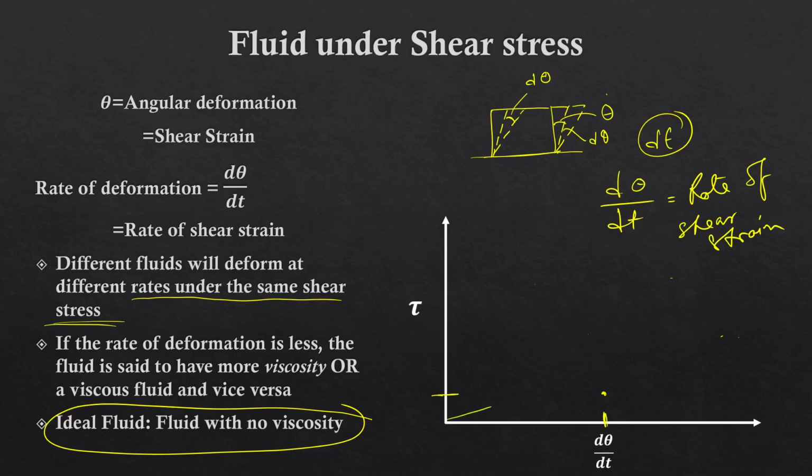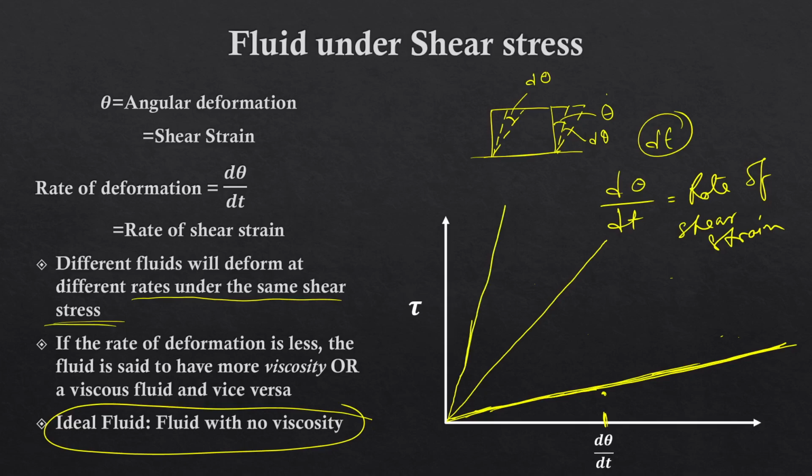Therefore, this kind of a graph may be used to show the relationship between the shear stress and rate of shear strain or rate of angular deformation. If the fluid has a high viscosity, in that case, the slope will be steeper, and for very highly viscous fluids, it will be even steeper. For an ideal fluid, the relation between shear stress and rate of shear strain will be this horizontal line parallel to the x-axis.